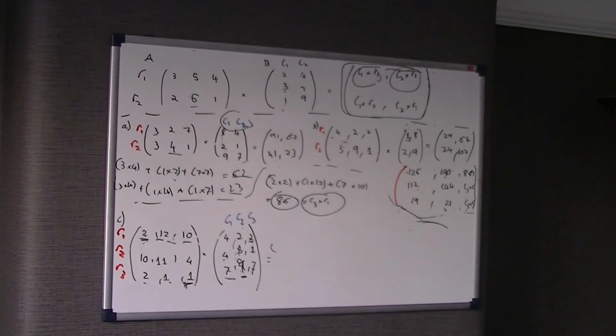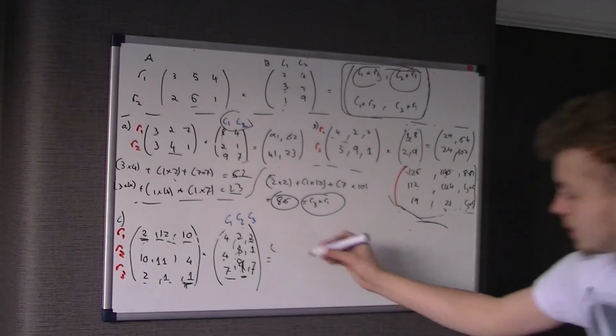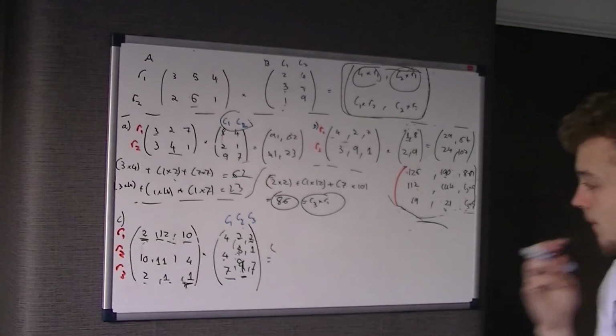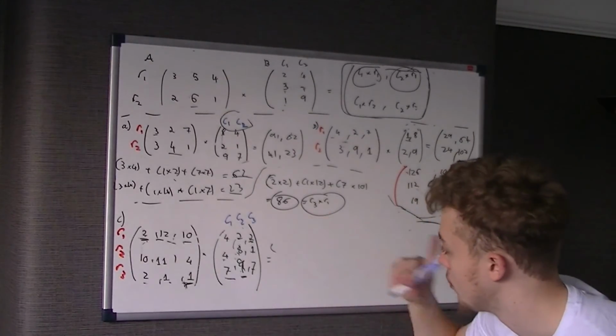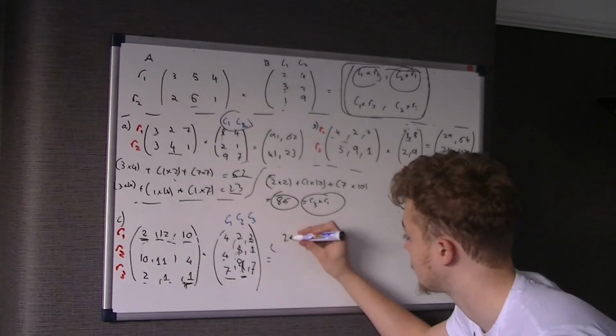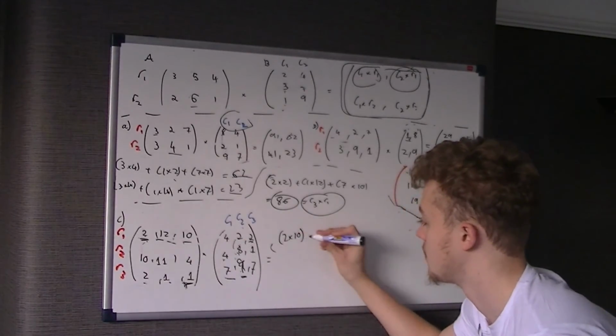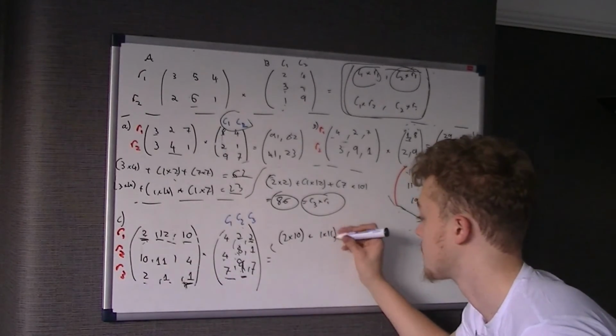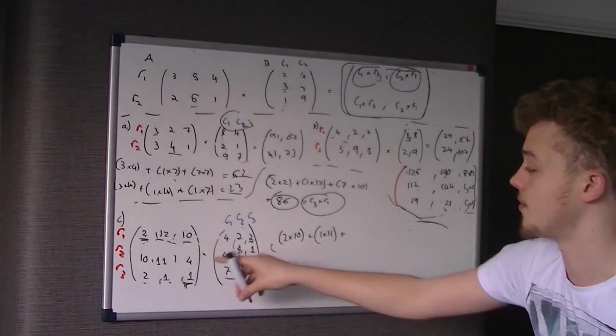Now the next one we need to do is column 3 times row 2. Column 3 is the last column in the second matrix times the second row in the first matrix. So it's this column, 2, 1, 7, times 10, 11, 4. So it's 2 times 10 plus 1 times 11 plus 7 times 4.